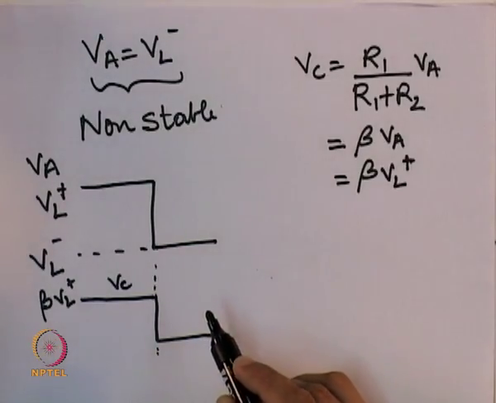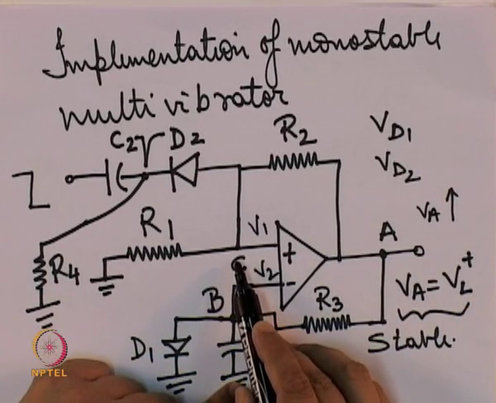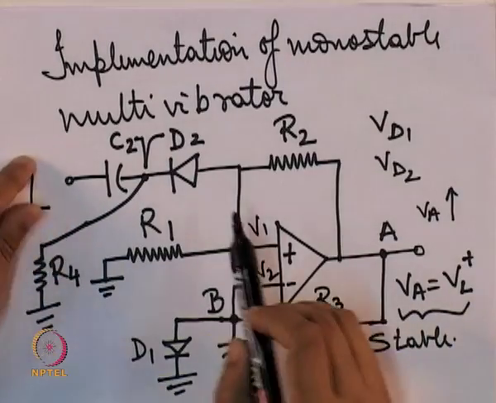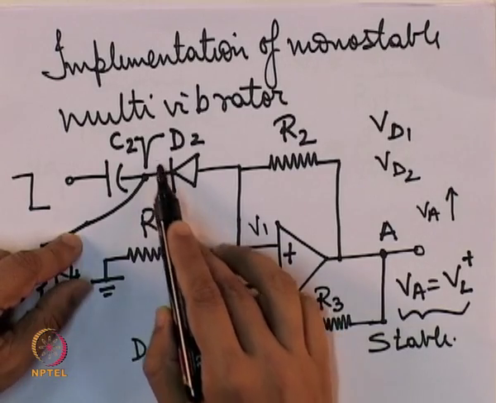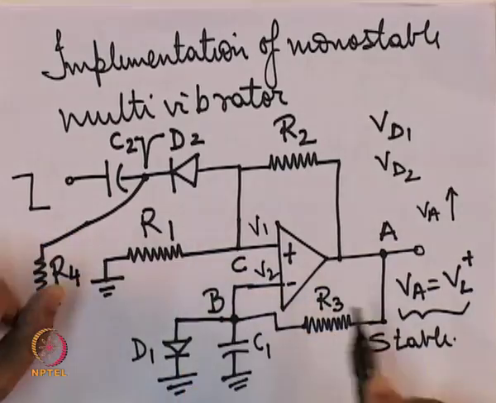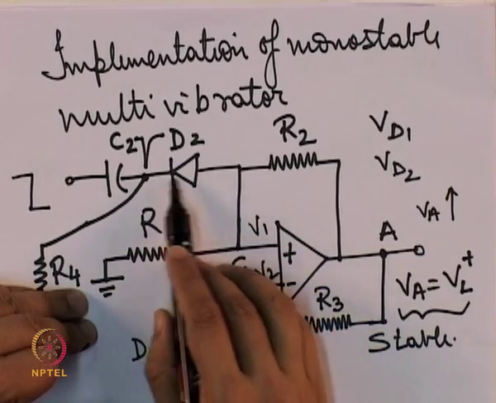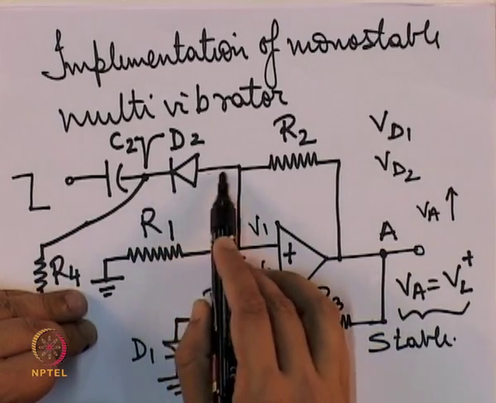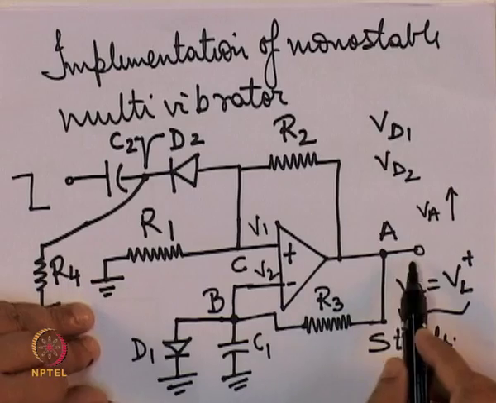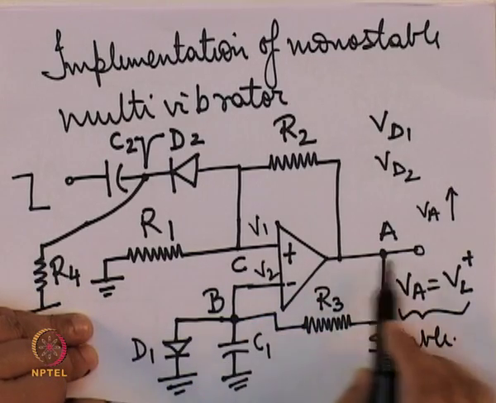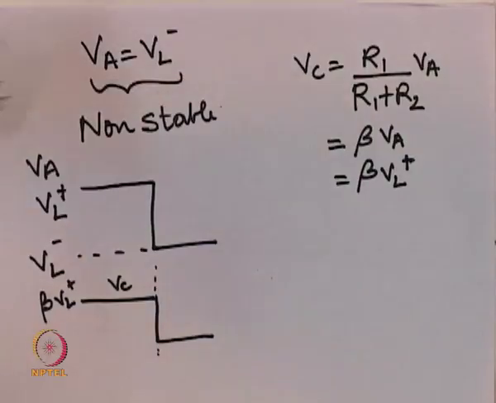Once VA becomes equal to VL minus, the voltage at C will be what? Now see, this diode had only momentarily become forward biased. Once the spike ended, it went back to a reverse bias state, that is, no current will flow through it. And once this is reverse biased and no current is flowing through it, the voltage at port C will simply be the resistive division of VL minus over these two resistances.